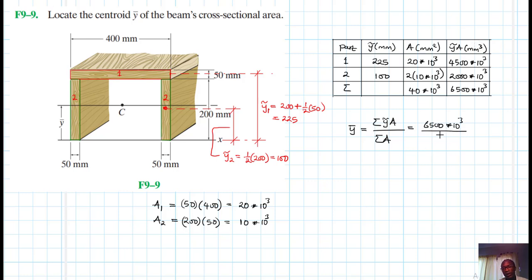Then divided by the summation of area, which is just 40 times 10 to the third. Then y bar is just going to be equal to 6,500. The other part cancels out, so this gives us 162.5 millimeters. Does this make sense? Alright, it does.